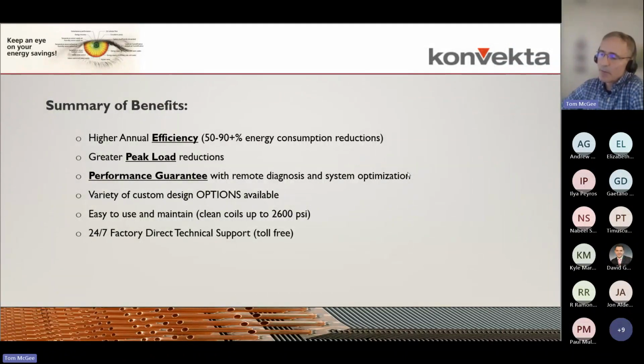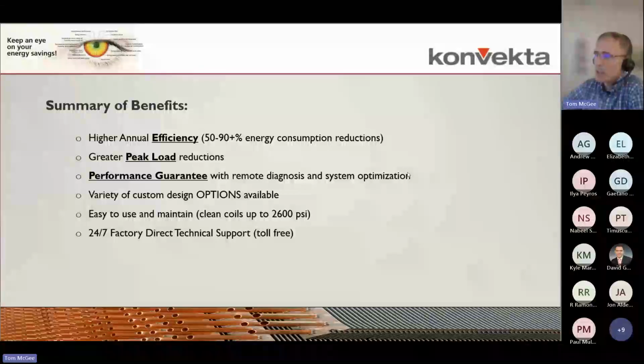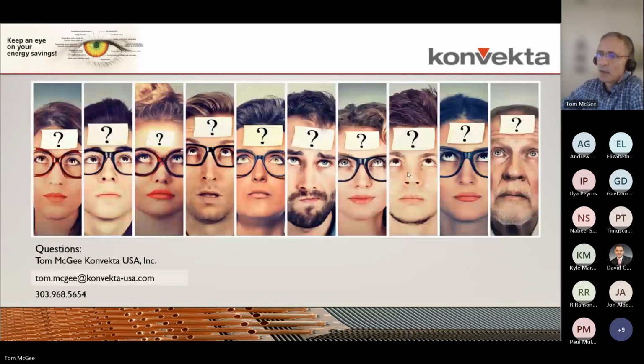So then you only have 10% that has to be made up through central plant inputs. Peak load reductions, we talked about that multiple times. Performance guarantee, the variety of options available depending on climate zone and specific goals. Easy to use and maintain. You can clean the coils up to 2,600 psi.